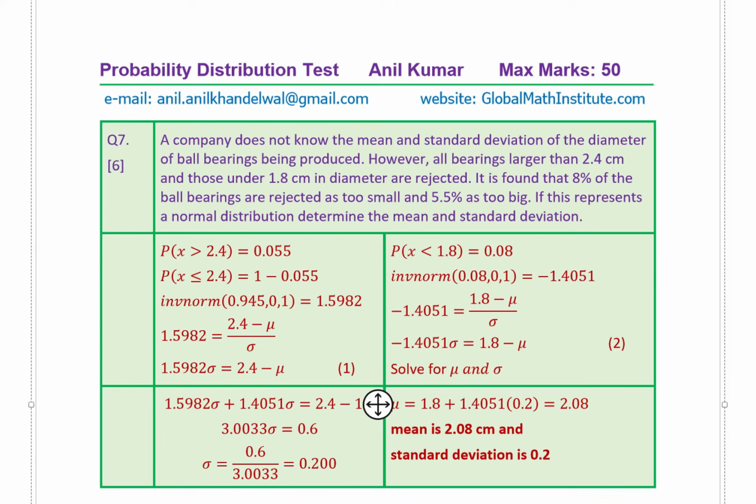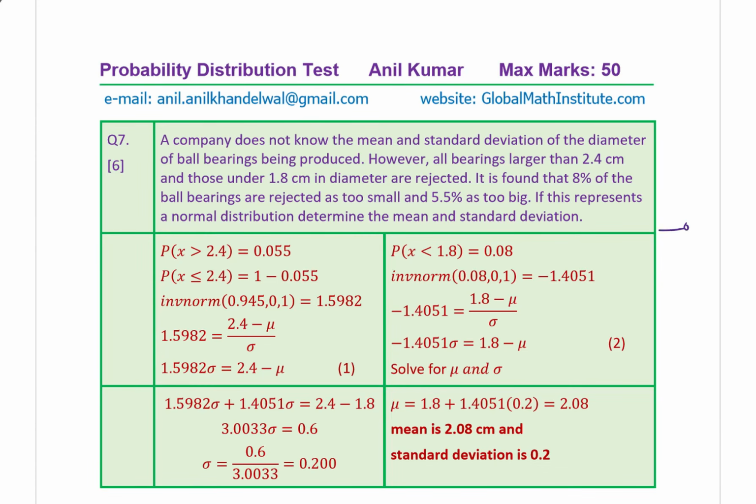However, all bearings larger than 2.4 centimeters and those under 1.8 centimeter in diameter are rejected. It is found that 8% of ball bearings are rejected as too small and 5.5% as too big. If this represents the normal distribution, determine the mean and the standard deviation, right?